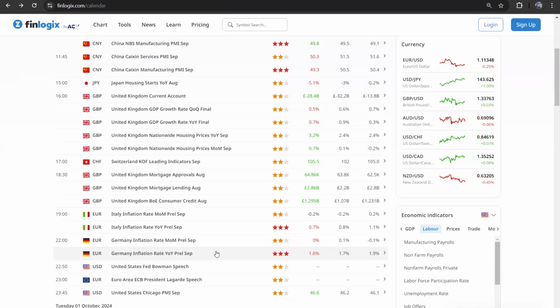So we were looking at a consensus of 1.7% and the actual came in at 1.6%. So what can this show us? This is pretty much showing us that inflation is decreasing in Europe, or do you think that inflation will be heading back up again?